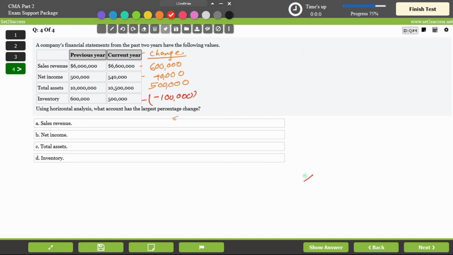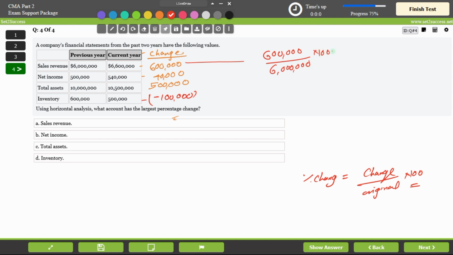So percentage change is equal to change by original into 100. Now for sales revenue, 600,000 is the change and the original amount is 6 million. That comes to be 10%.